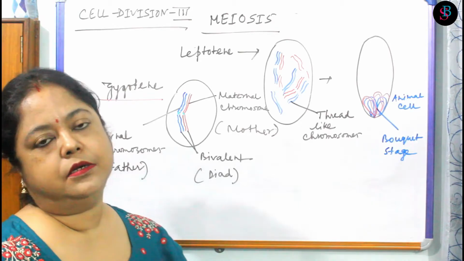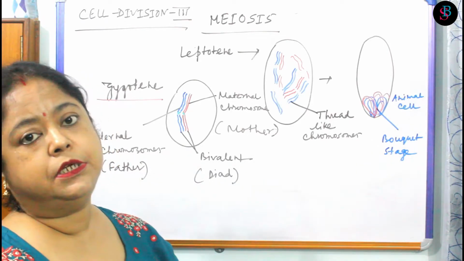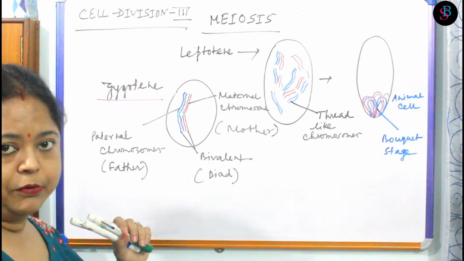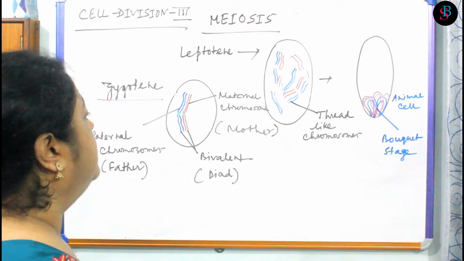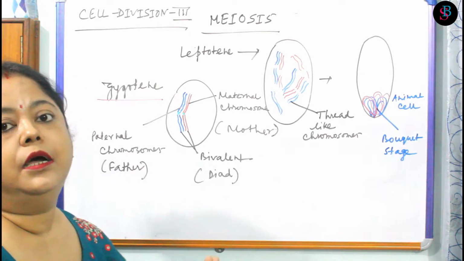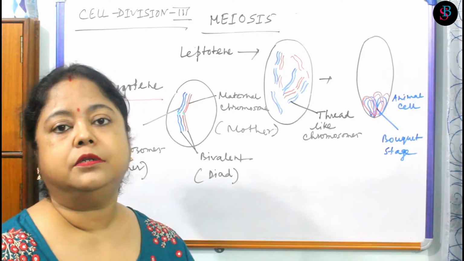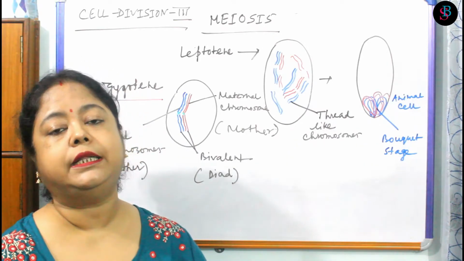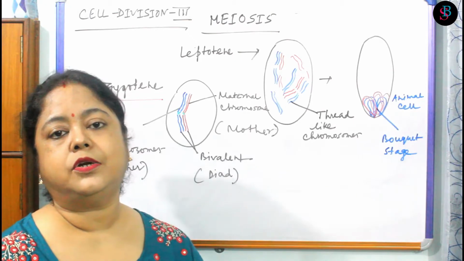In pachytene, there will be the exchange between chromatid segments, and that's crossing over. I'm going to discuss that. But in this subphase, for the crossing over, the chromatids should come very close to each other so that they can take part in the crossing over.